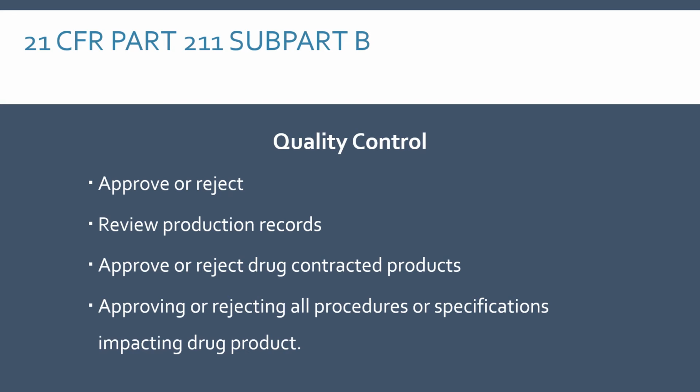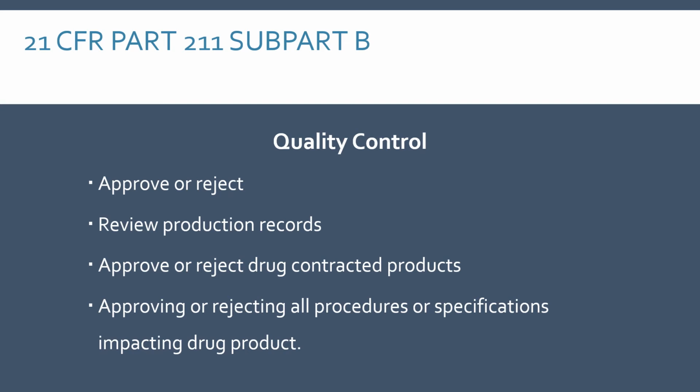Furthermore, they shall have the authority to review production records to assure that no errors have occurred, or if there have been errors that have occurred, that they have been fully investigated. And all testing of the products for the approval or rejection shall take place in an adequate laboratory facility.